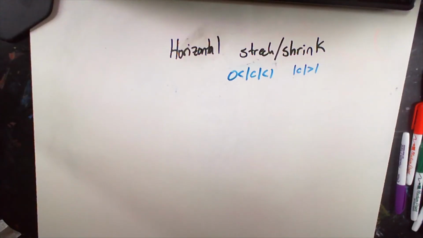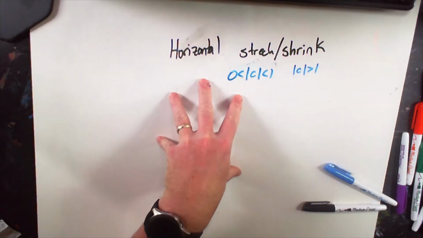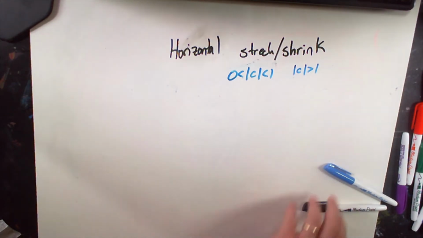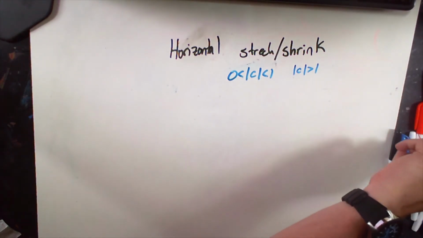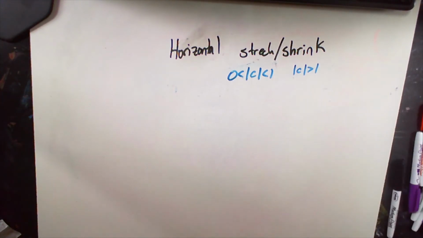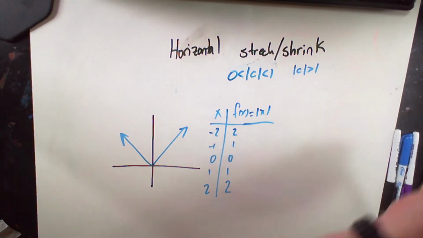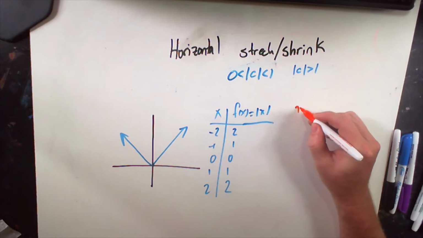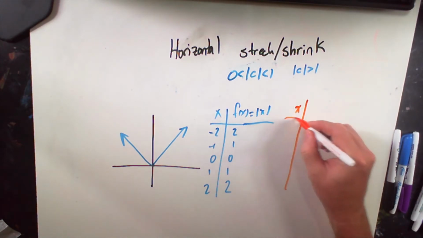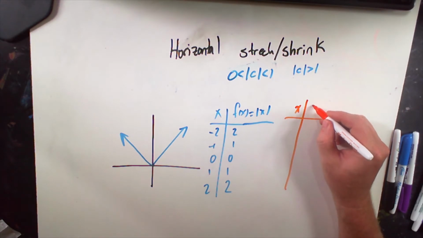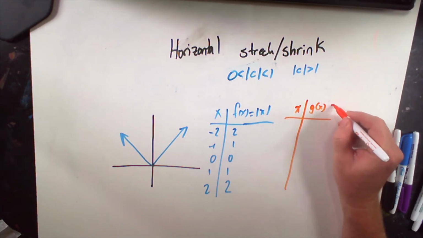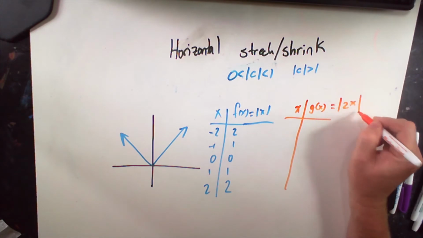When we talk about horizontal stretches and shrinks, as has been the case with everything else we've seen, the horizontal works in the opposite direction as what we would normally think. So let's look at our absolute value function. Now, what we're going to notice here is if we multiply x by 2, so let's say we call g of x the absolute value of 2x.